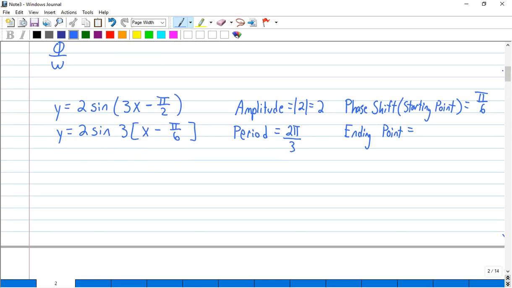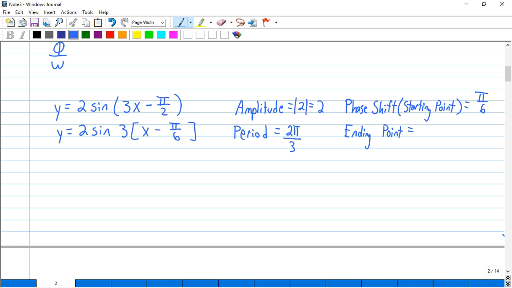Now remember, the period is a length on the x-axis. The phase shift, pi over 6, is a starting point on the x-axis. Now what about the ending point? How could I figure out where my graph is going to end if I know my starting point and I know the period of my graph? That's right.